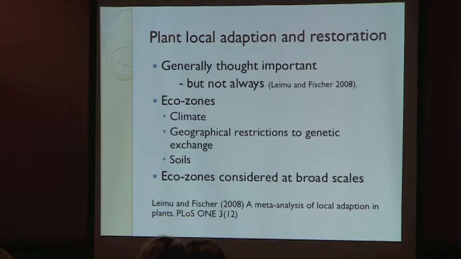Some folks would call those different ecozones. And then soil properties are often used as well to delineate ecozones. And by necessity, ecozones are generally considered at very broad scales.